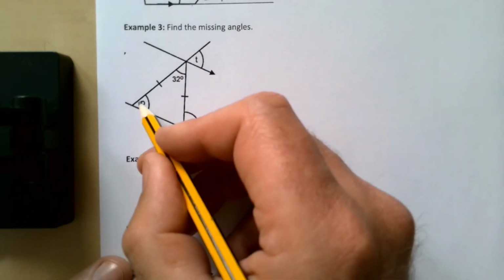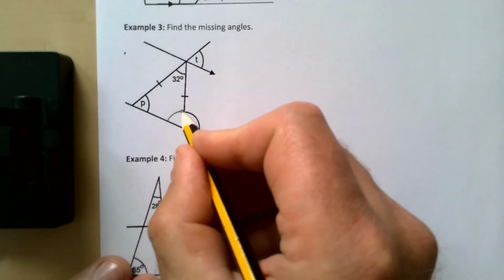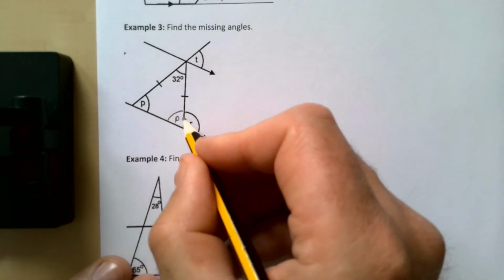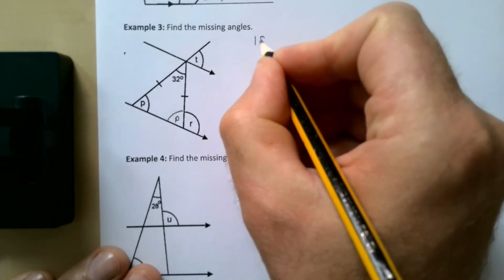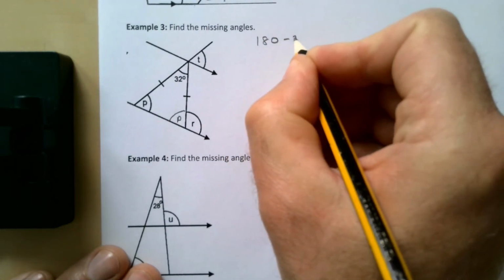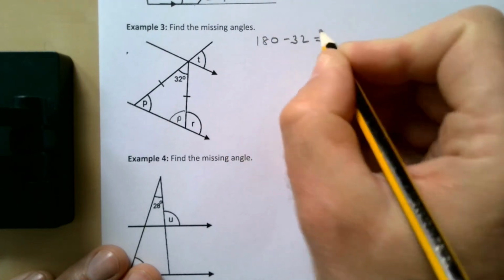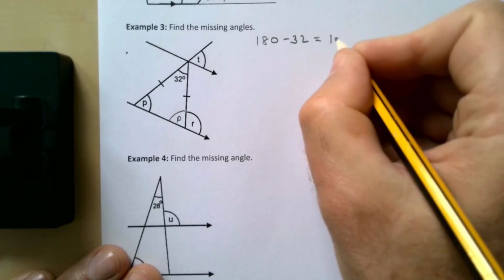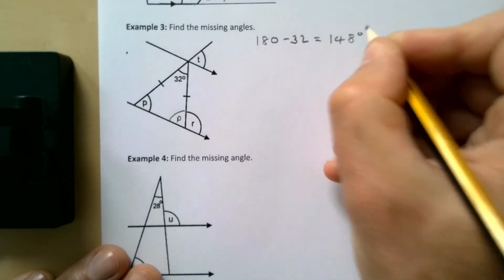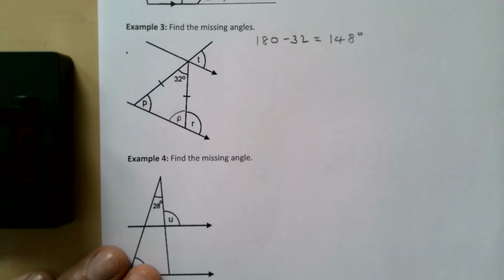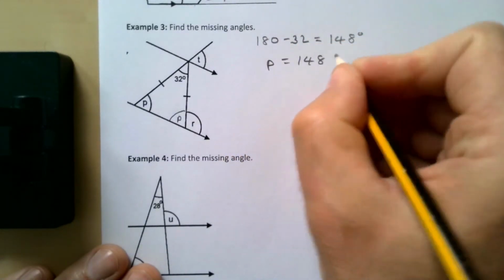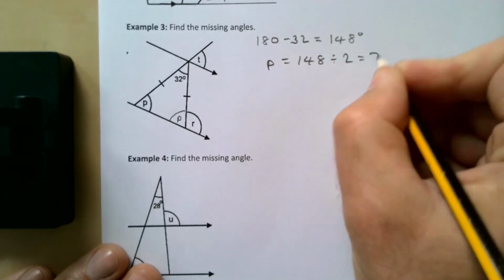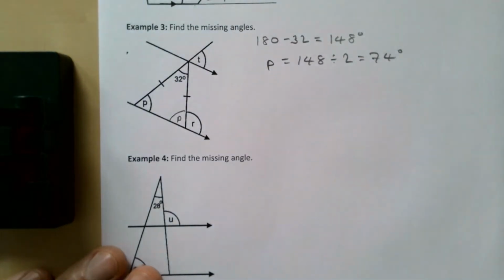So P, and then this must be P as well, because they have to be the same as each other because it's an isosceles triangle. So I'm going to do 180 degrees, take away 32 degrees, and that gives me 148 degrees. If I divide that in 2, then P equals 148 divided by 2, and that gives me then 74 degrees.